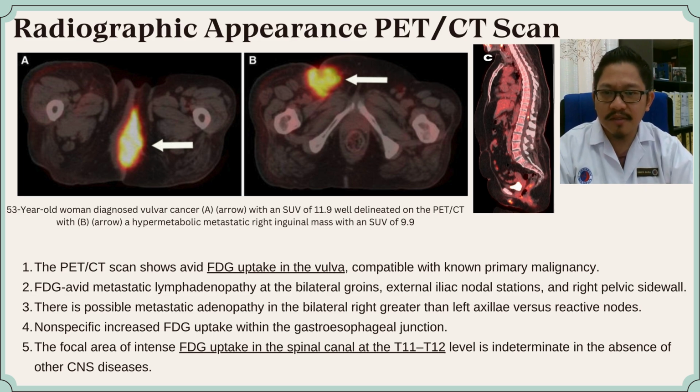There is possible metastatic adenopathy in the bilateral axillae, right greater than left, versus reactive nodes. Non-specific increased FDG uptake is seen within the gastroesophageal junction, and the focal area of intense FDG uptake in the spinal canal at the T11 to T12 level is indeterminate in the absence of other CNS disease.